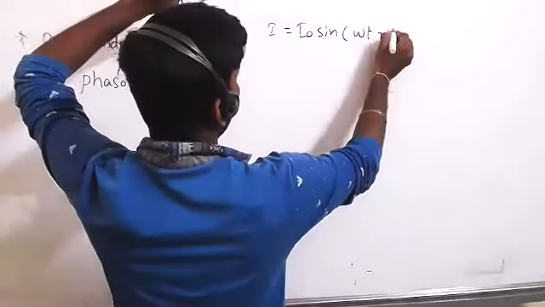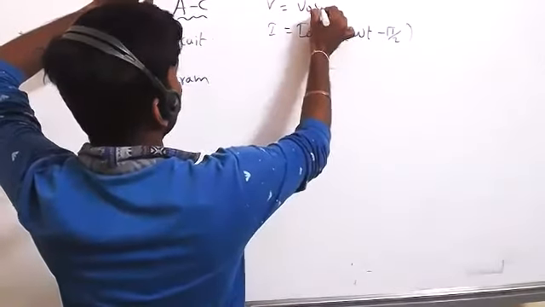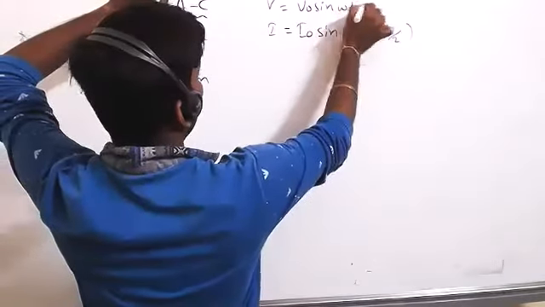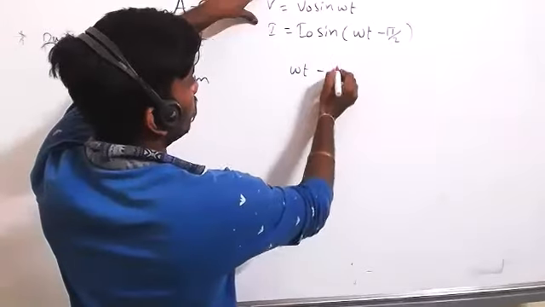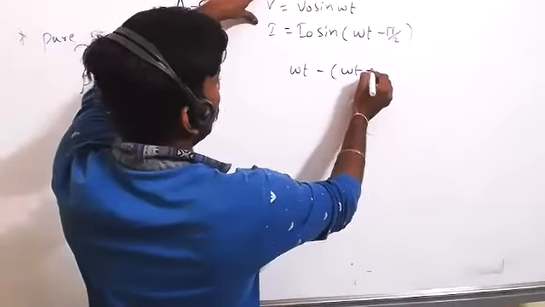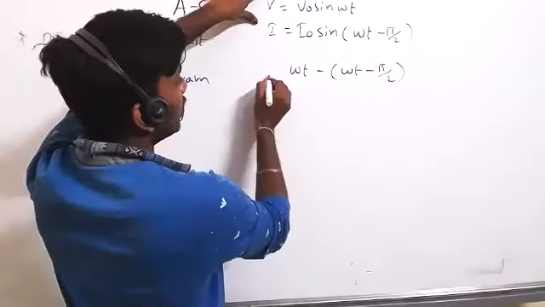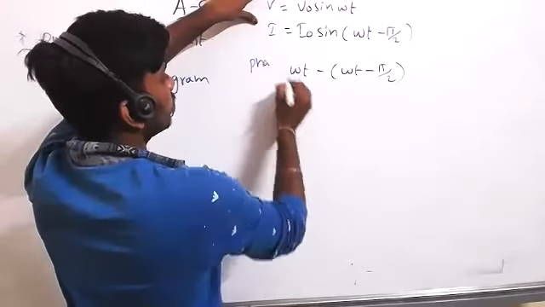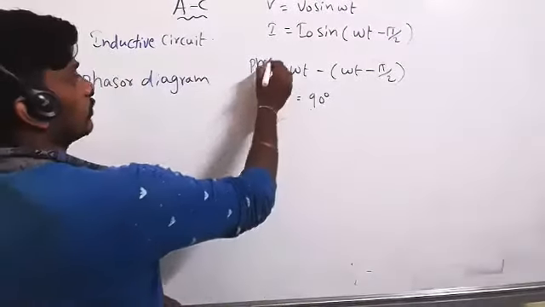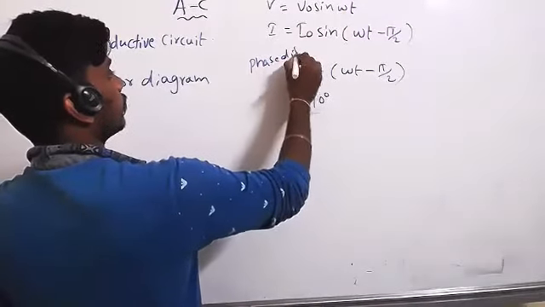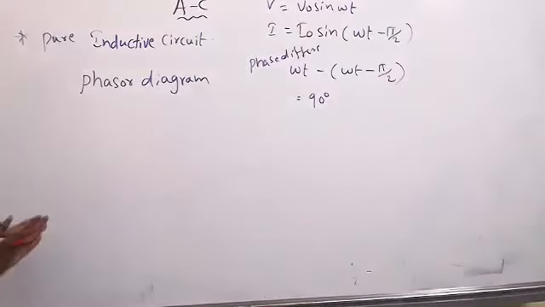Omega t minus pi by 2, right? V is equal to V naught sine omega t. What is the phase difference here? Omega t minus omega t plus minus pi by 2. So pi by 2 is nothing but 90 degrees. Phase difference is 90.